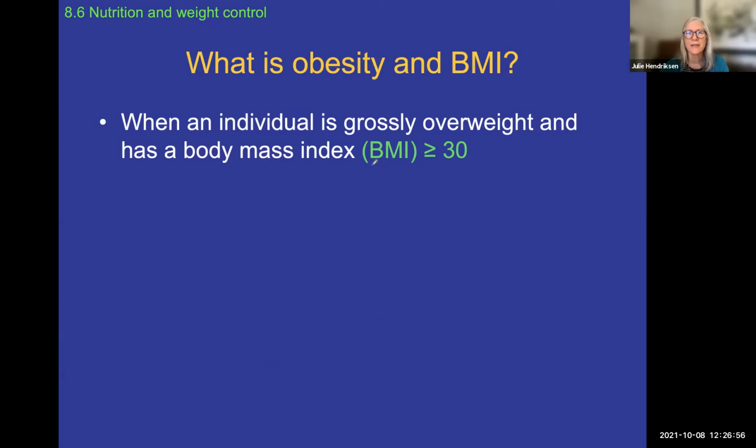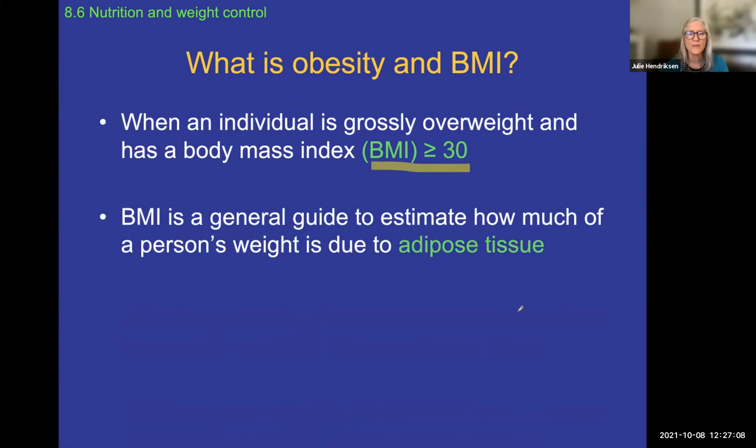It's estimated that a BMI greater than or equal to 30 is considered grossly overweight, and much over that can be classified as obesity. So it's just a general guide of how much a person's weight is due to adipose tissues.